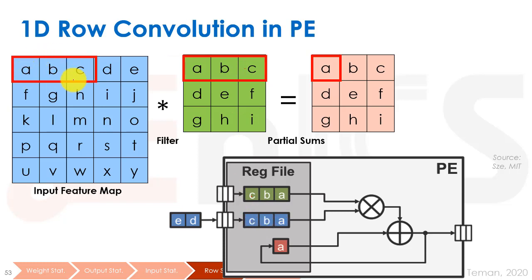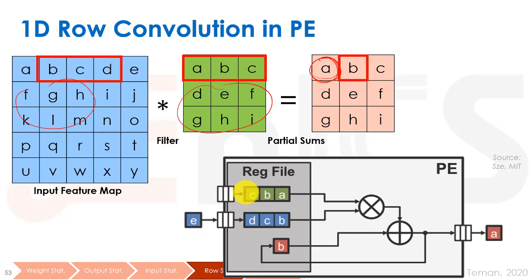We take the first 3 elements, do the dot product between them, and get the full row value of A over here. It's not the full value of A, because the full value of A has to have this part versus this part, but it's the full value of the row convolution.